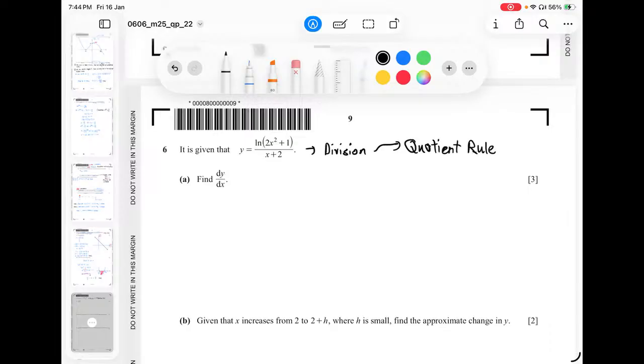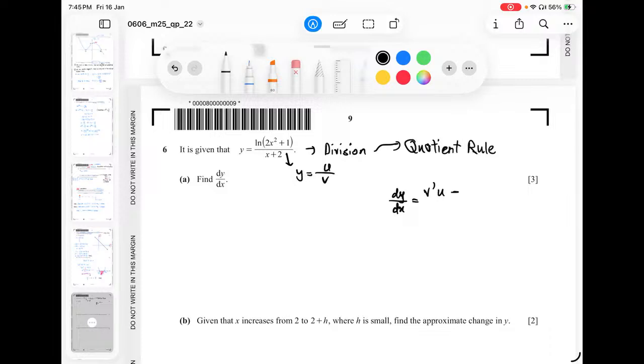I'll just write the quotient rule for your understanding. Think of this as y is equal to u over v, where u is your ln of 2x squared plus 1 and x plus 2 is your v.